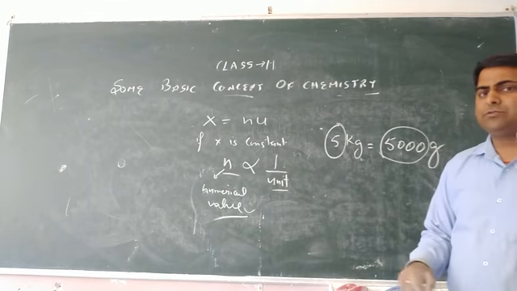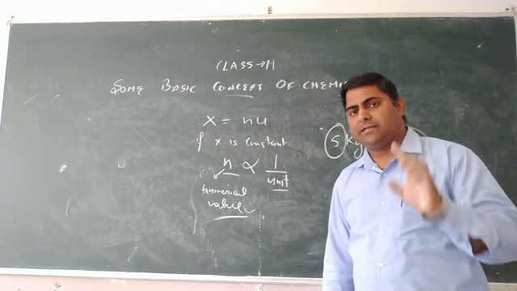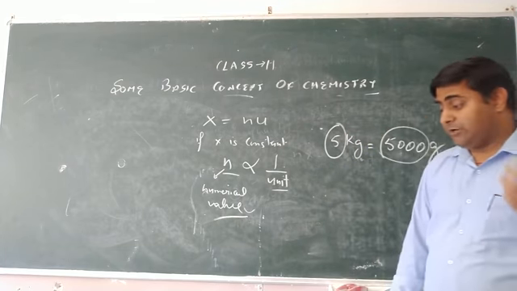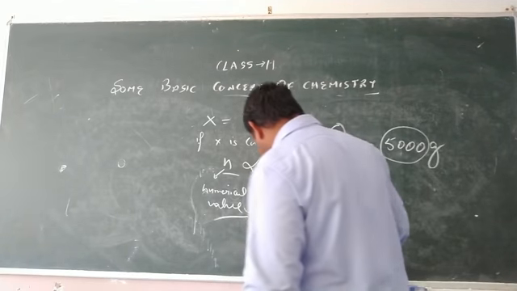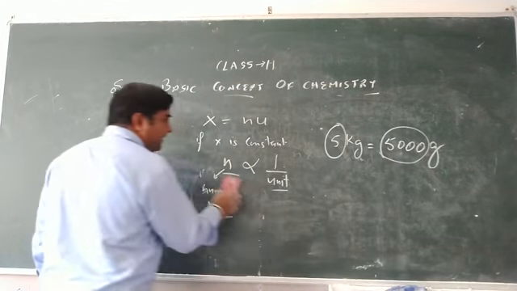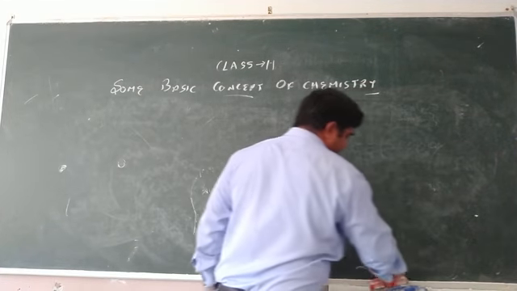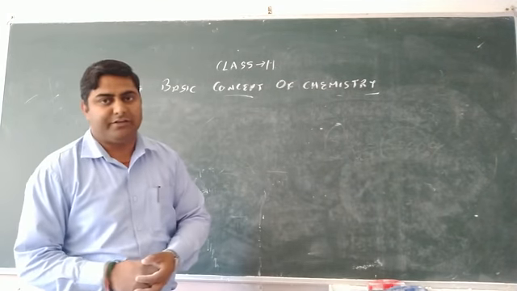Now, let us move towards another case. We have two types of units to express a physical quantity. One we call fundamental units, and second is known as derived units. So, now, what is unit?